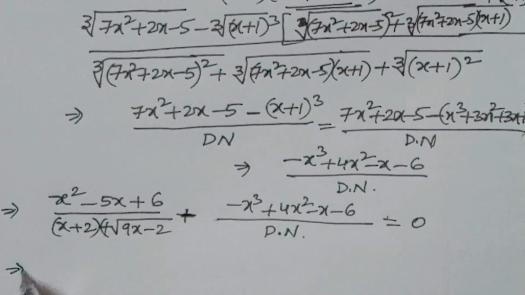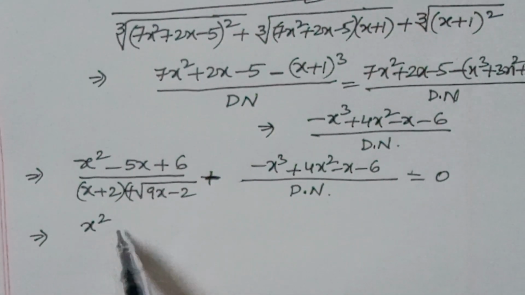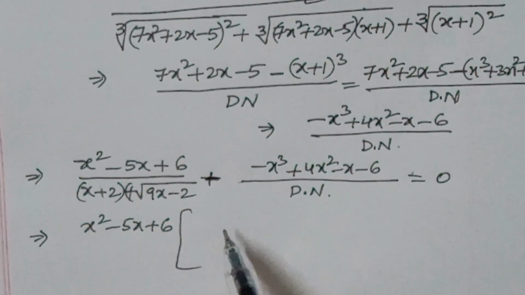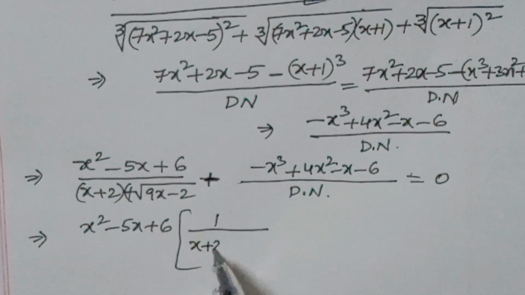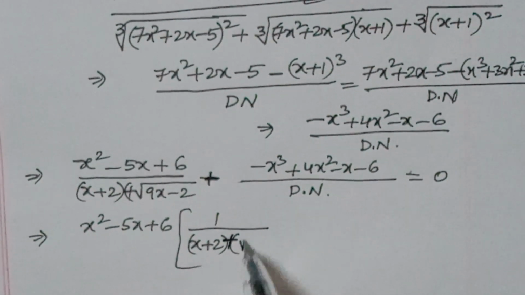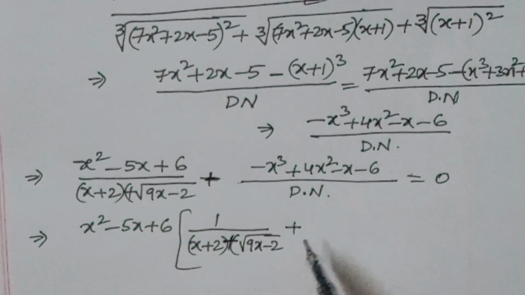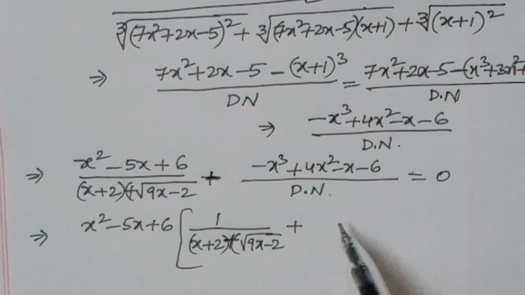Now here this is the logic in this problem. I am taking x square minus 5x plus 6 common. Here I am getting 1 by x plus 2 into x plus 2 plus root of 9x minus 2, plus we are getting x plus 1.